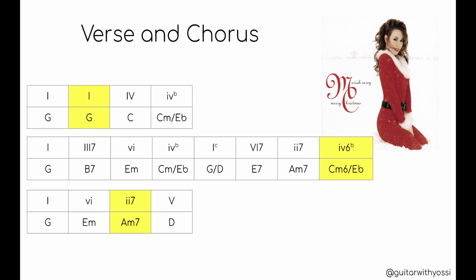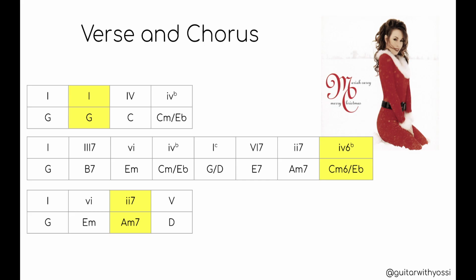So it always feels like we're having a pseudo-perfect cadence, even though these are minor chords. So E is the fifth of A, is the fifth of D, and D is the fifth of G. E minor, A minor 7, D, G.